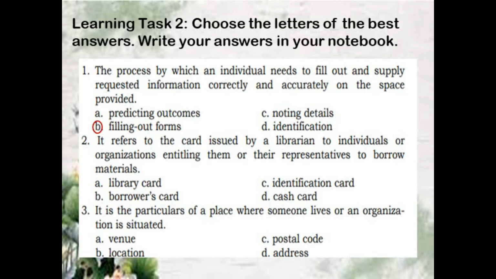D. Cash card. 3. It is the particulars of a place where someone lives or an organization is situated. A. Venue. B. Location. C. Postal code. D. Address.